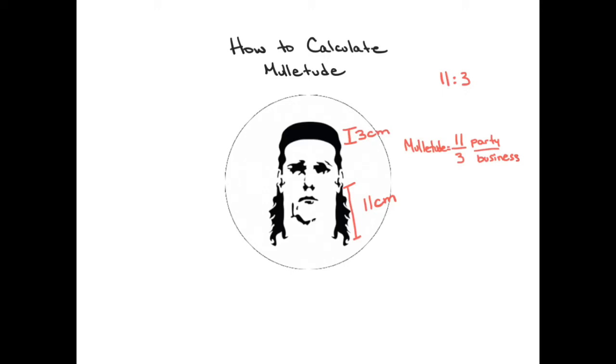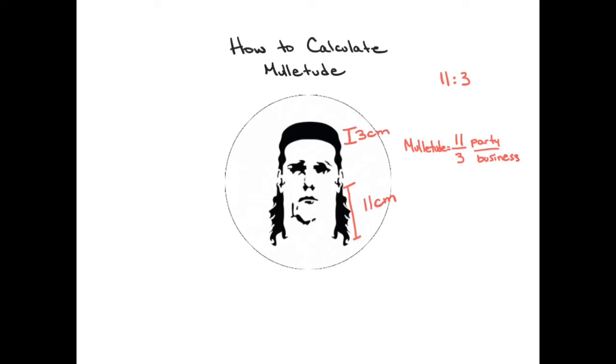Now, as we saw when we were arranging fractions in order from least to greatest or greatest to least, it can sometimes be quite challenging to order fractions. So in order to make this a little bit simpler for us, what we're going to do is turn our fraction into decimal form. And when we do that, then we can have a clear number that will tell us whether our mullet has high or great mulletude or low mulletude.